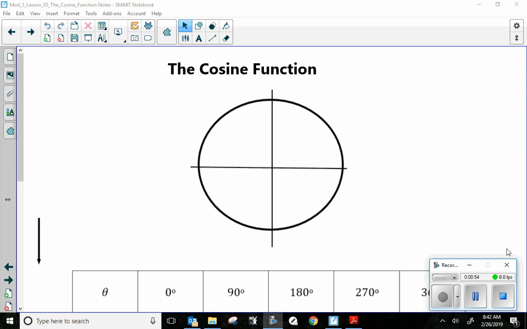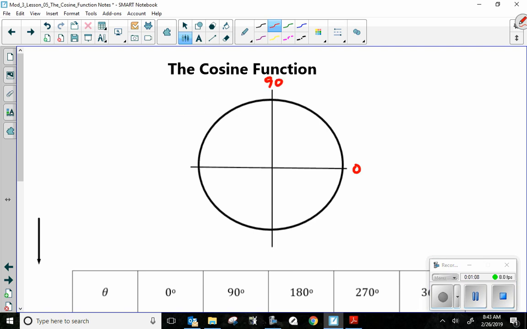This is the unit circle, and just like we did for lesson 4 with sine, I'm going to put coordinates on the quadrantal or the 90-degree increment angles, meaning, remember, this is 0 degrees, this is 90 degrees, 180 degrees, 270, and then we come back to 360, one complete full circle. And I'm going to put coordinates here at each point of our 90-degree angles.